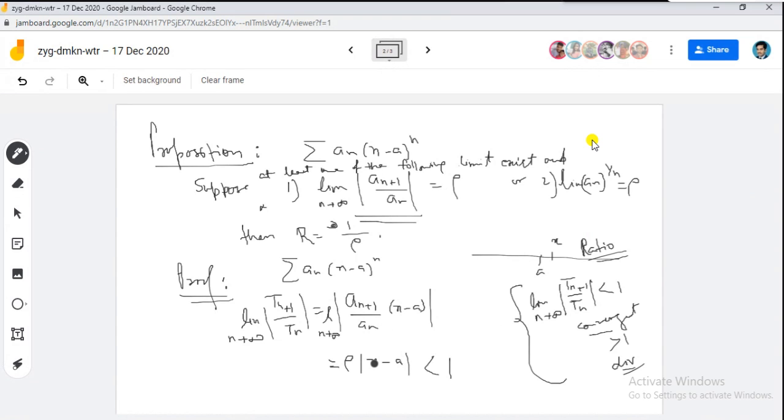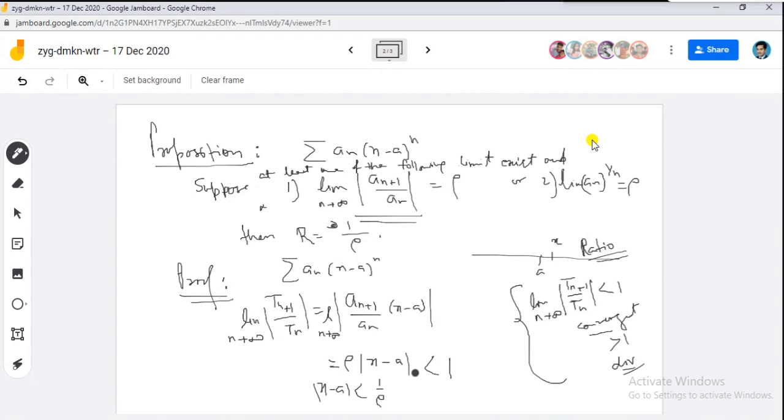So it means when this mod x minus a is less than 1 upon rho, your series is convergent, right? Is it okay? Yes, sir.